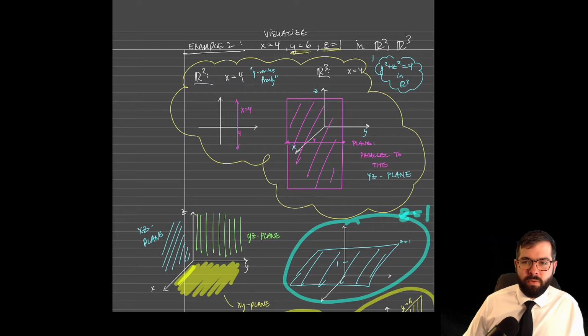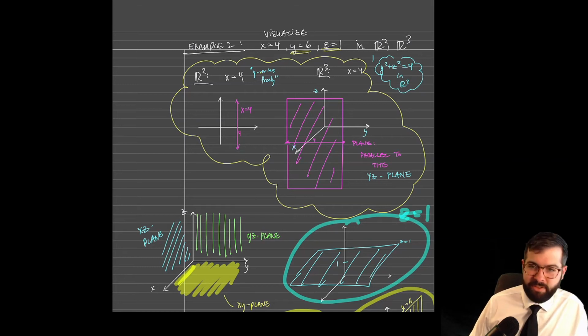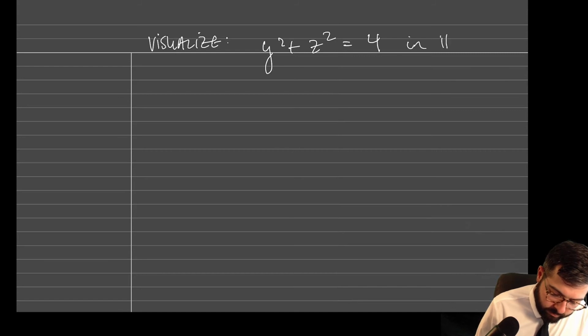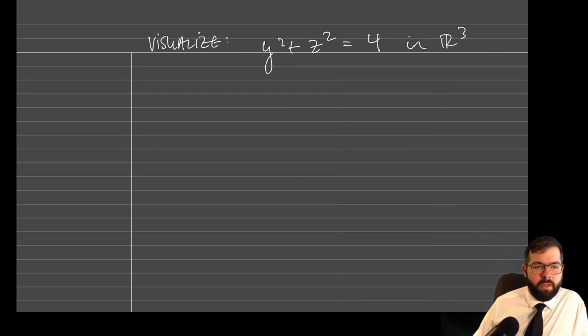So how about this guy? Y squared plus z squared equals 4. What does that look like in R3? Anybody want to take a shot at what they think it is?